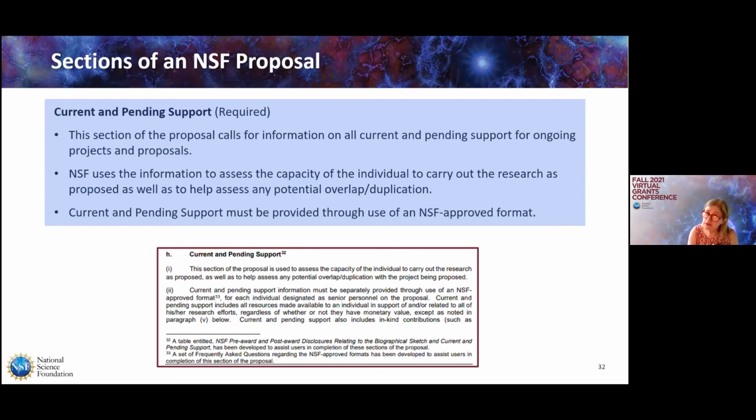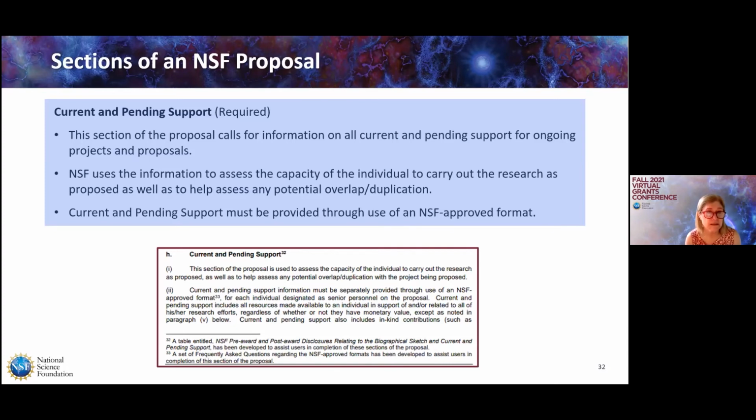We have recently put in June, and the table has been updated. We have put together a table entitled NSF Pre-Award and Post-Award Disclosures relating to the biographical sketch and current and pending support to help answer your questions about what should be included in current and pending support and what is not required to be put in current and pending support.